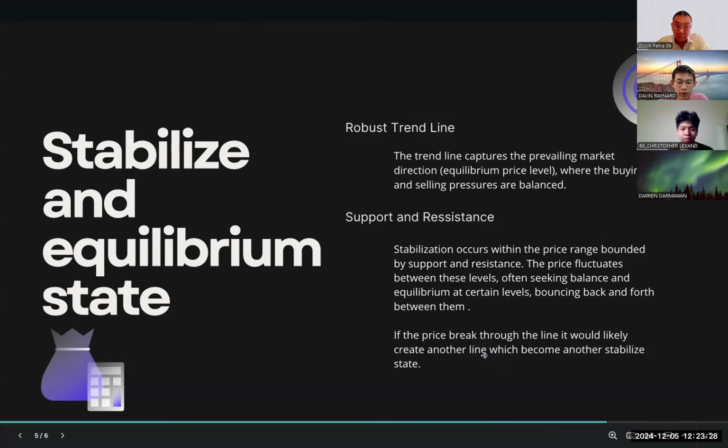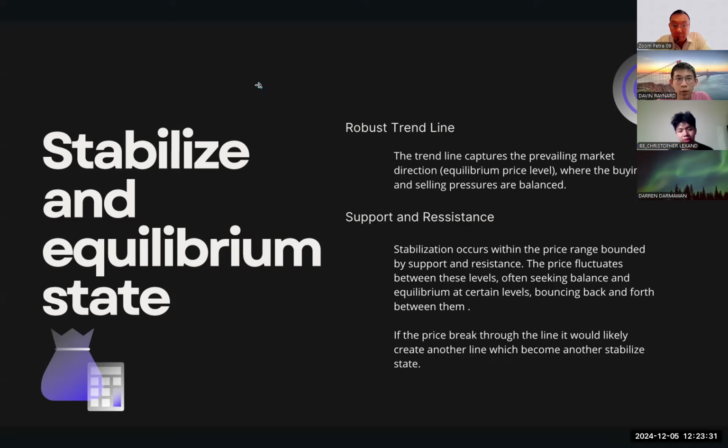Next. When we're talking about stabilization and equilibrium in our program, the equilibrium occurs when the buying and selling forces acting on the price are balanced. The stability comes from the support and resistance in our code.